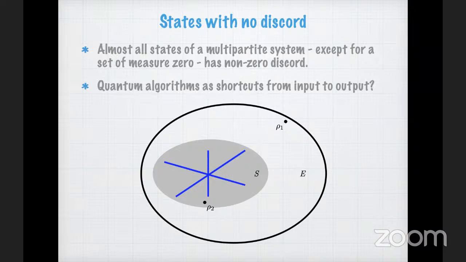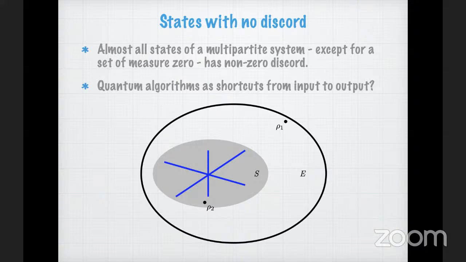Okay, so if you consider a reverse picture wherein you can take a classical computer as a special case of a quantum computer, in which you have to go from an input which is a bit string to an output which is also a classical bit string through a sequence of steps which constitute your algorithm, except that at every step you are constrained to jump from one state that has zero discord to another state that has zero discord, because it's a classical computer. You cannot have non-classical correlations built up in such a setup.